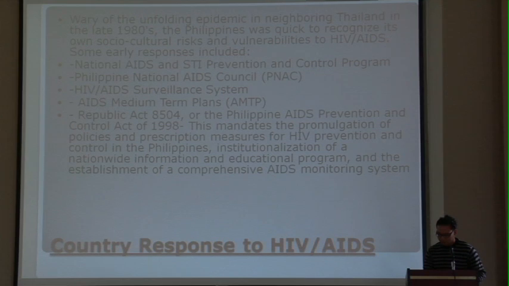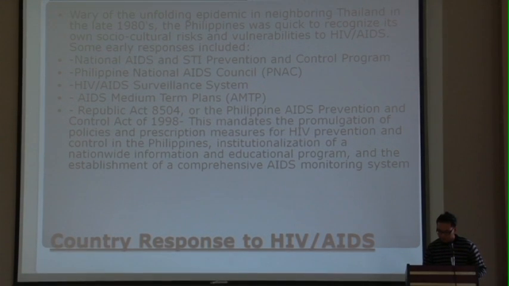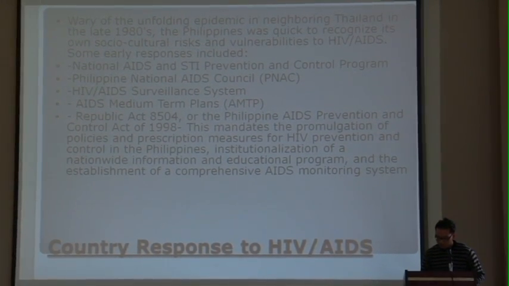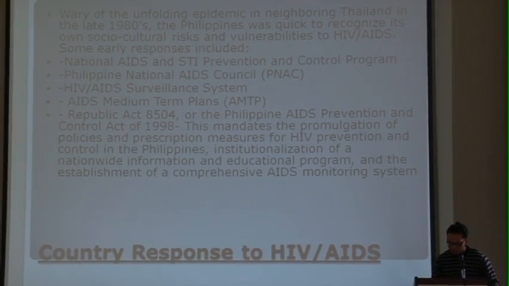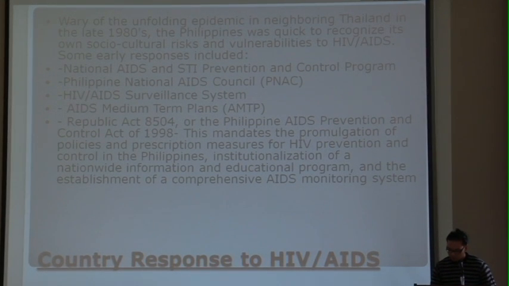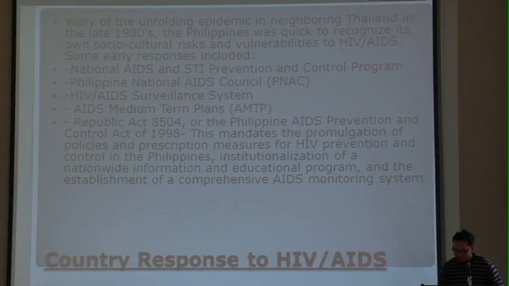So in the Philippines, their response to address the HIV/AIDS problem was that they were wary of the unfolding epidemic in neighboring countries, so they wanted to address this issue. Some responses they made included the National AIDS and Sexually Transmitted Infection Prevention and Control Program, the Philippine National AIDS Council, the HIV/AIDS Surveillance System, and the AIDS Medium Term Plan, and then Republic Act 8504, or the Philippine AIDS Prevention and Control Act of 1998.